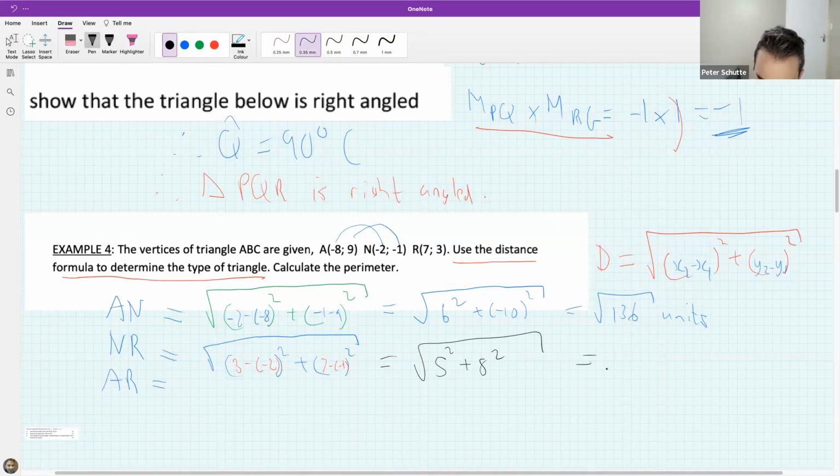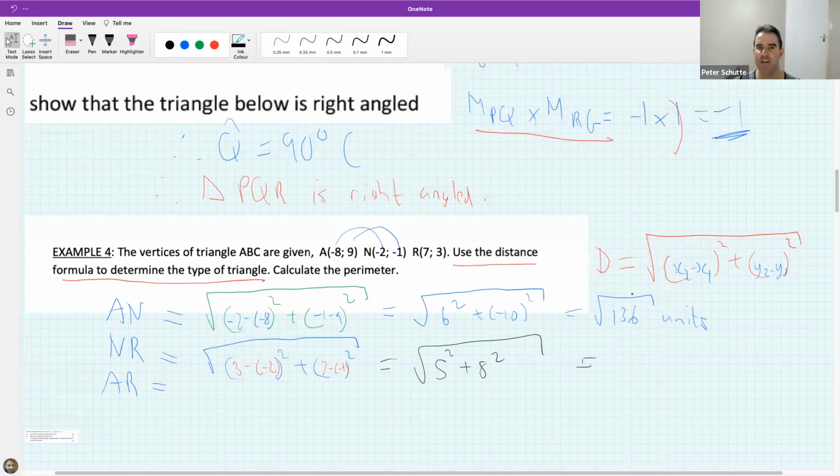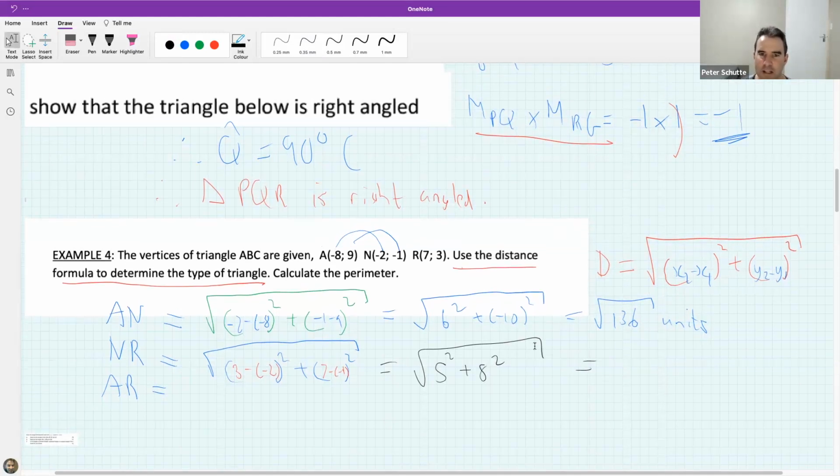Square root of 97. So 64 plus 25. I get the square root of 89, maybe. The reason you leave it in surd form is you don't have to deal with as many messy decimals. So let's just see if I made a mistake, because some people are getting something different.